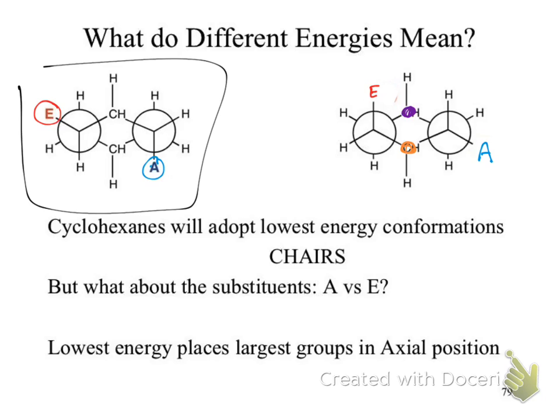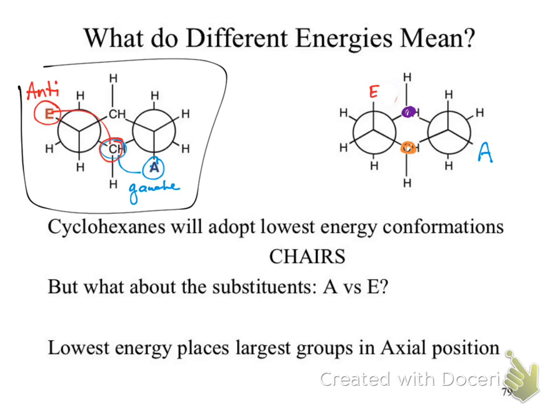So instead of staggered, I should be looking for gauche and anti. The eclipsed, we're not going to see here because these are staggered conformations for our chair. And if we went through to try and evaluate these, we should be seeing a gauche interaction here. To that exact same position, we have an anti. Which is more stable?